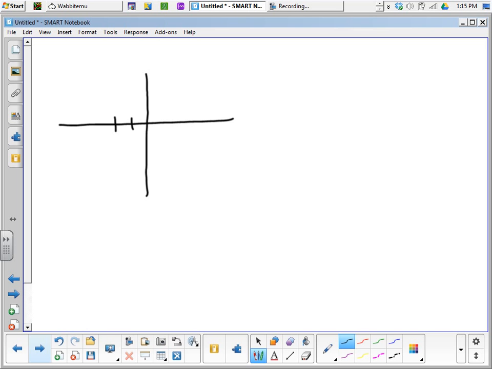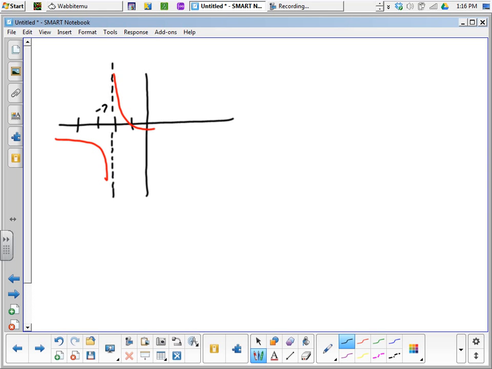There's this vertical asymptote, okay? And let's say the function looks something like this. I might be curious what the graph's behavior is near that vertical asymptote.